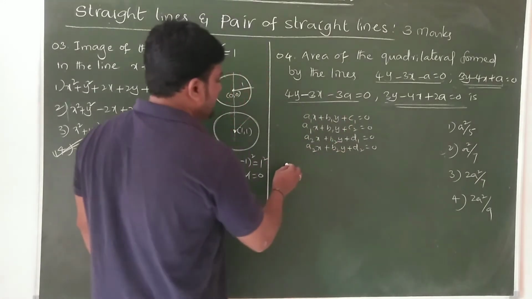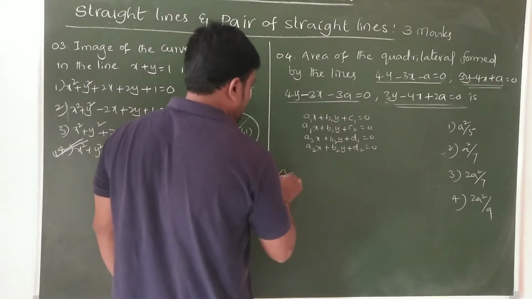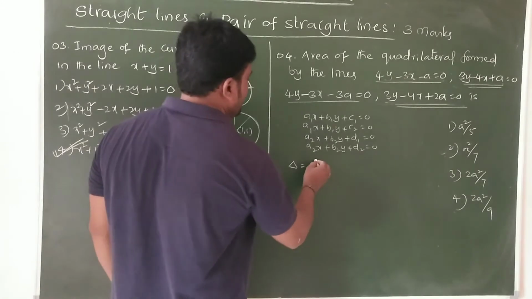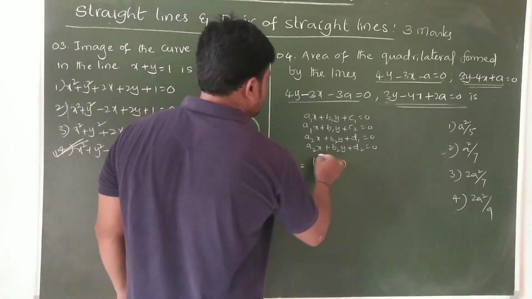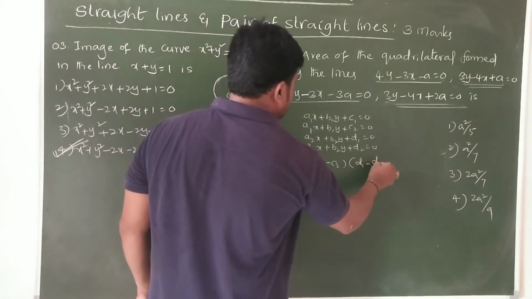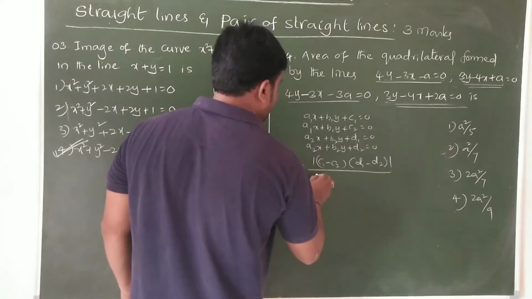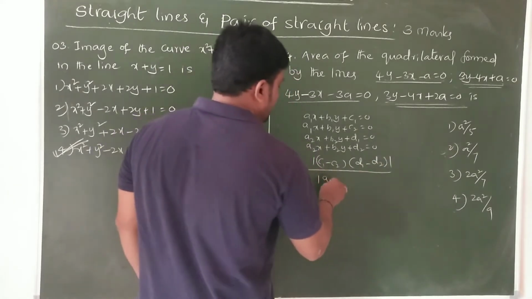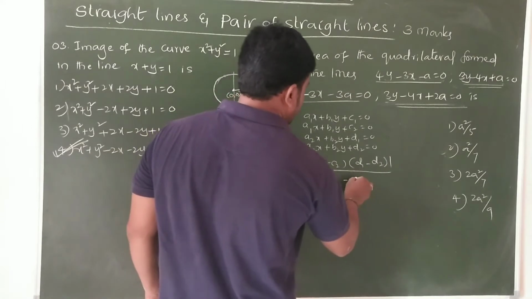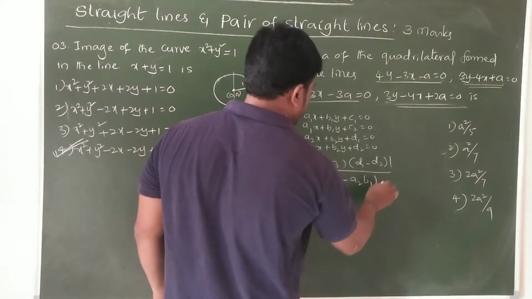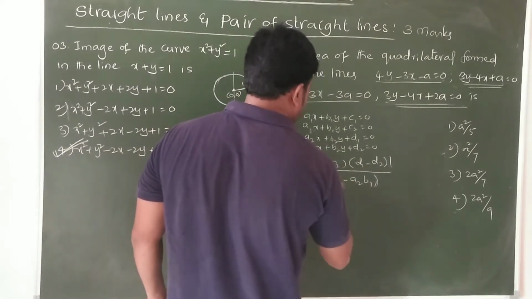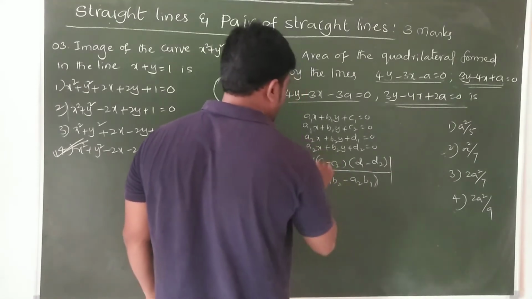Now the area formula equals modulus of c1 minus c2 into d1 minus d2 by a1 b2 minus a2 b1, okay.